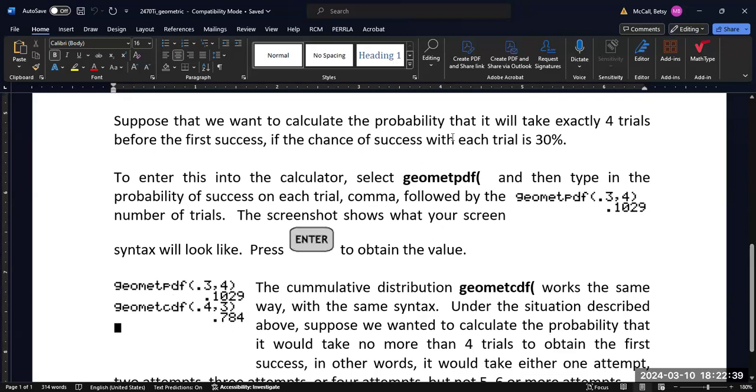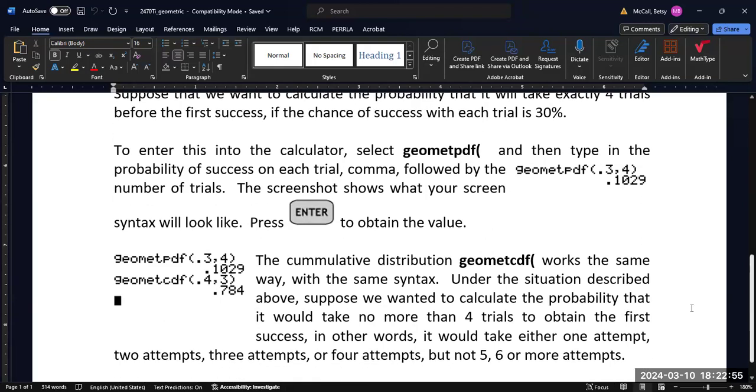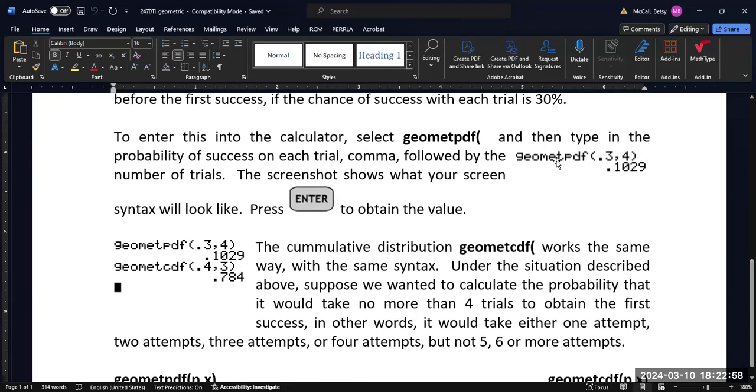So suppose we want to calculate the probability that it will take exactly 4 trials before the first success, if the chance of success with each trial is 30%. So this is exactly 4 trials, so we're going to use the PDF. And again, this is using the classic mode rather than the stats wizard mode.